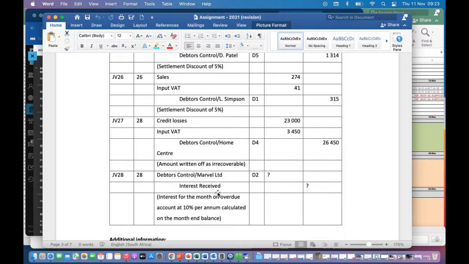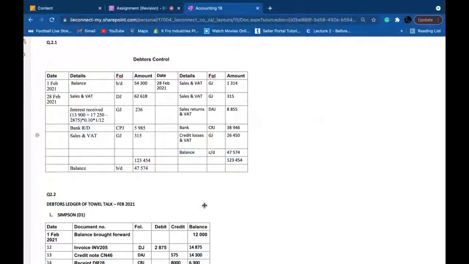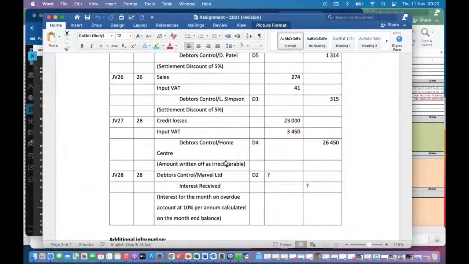So when we come to the debtors control, that's what we're going to write: credit losses and VAT and GJ. Can you see how simple it is? All right, cool. We've dealt with that. Is there anything else? Let's check. After that, we have amount written off as irrecoverable. Okay, so we also need to, oh, actually no, we dealt with this now. We dealt with this.